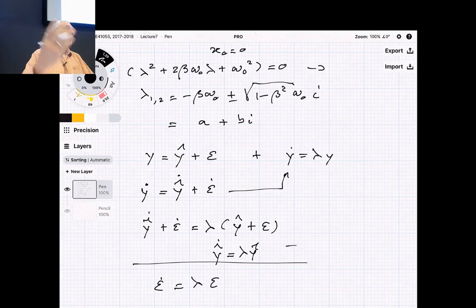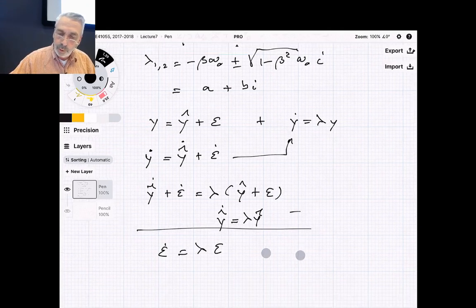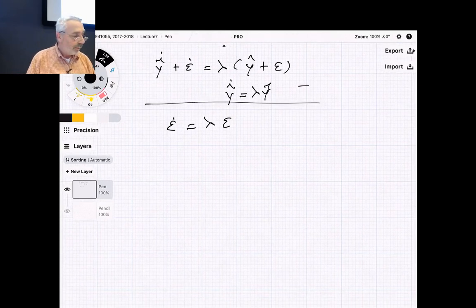Well, the differential equation for our error is just the same as our original one. That was the only thing I wanted to prove. So if we want to look at the error behavior, we can just look at the behavior of this function ourselves. Okay, so the error fulfills that equation.